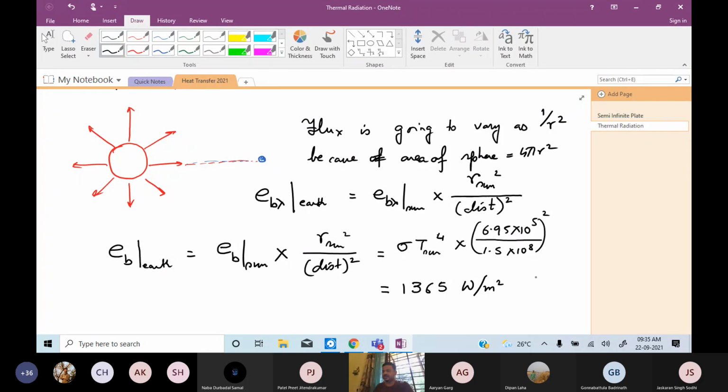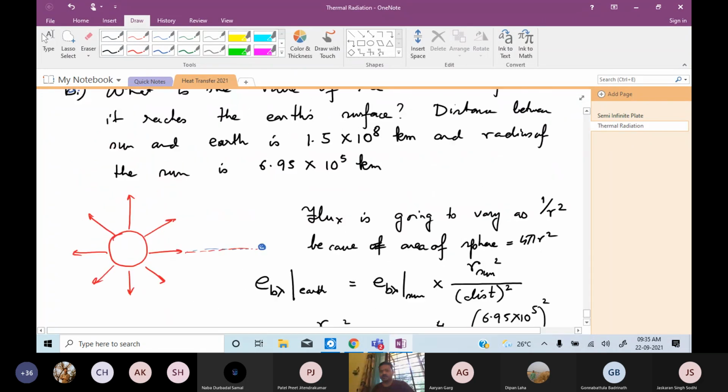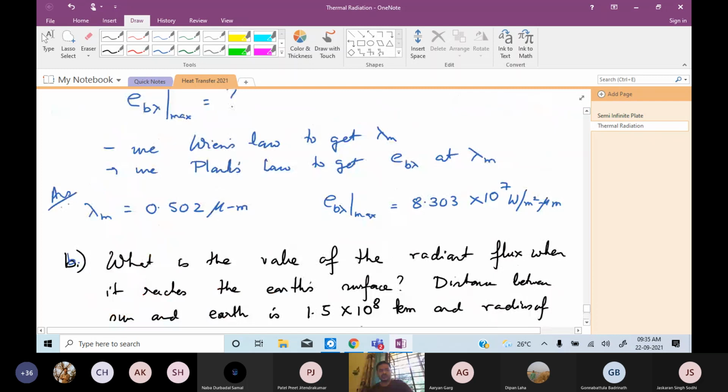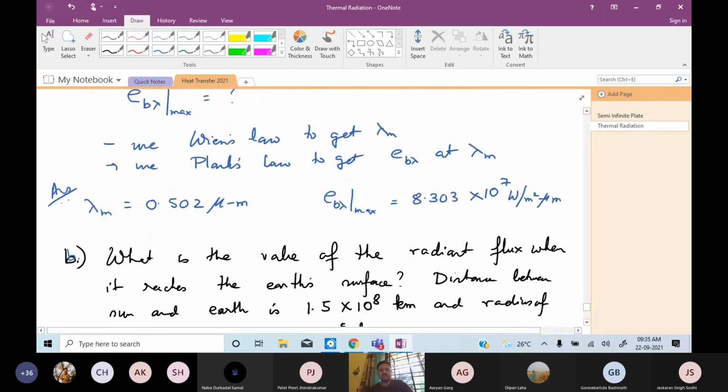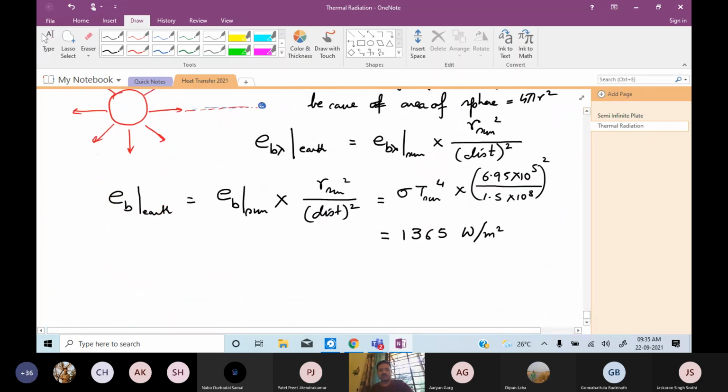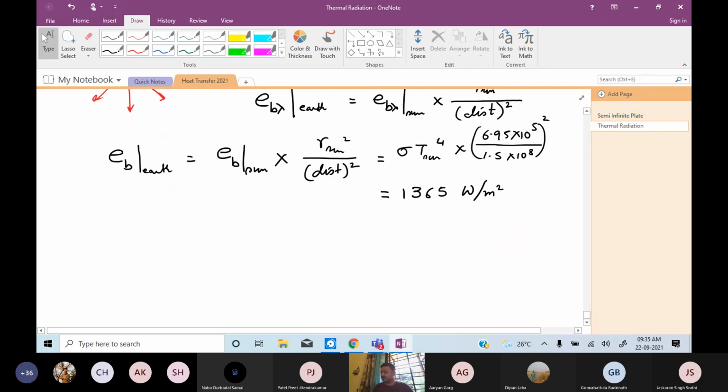If you do this and assume the sun to be whatever the value I gave, what was it? 5779, 5780 Kelvin. This is what you're going to get.